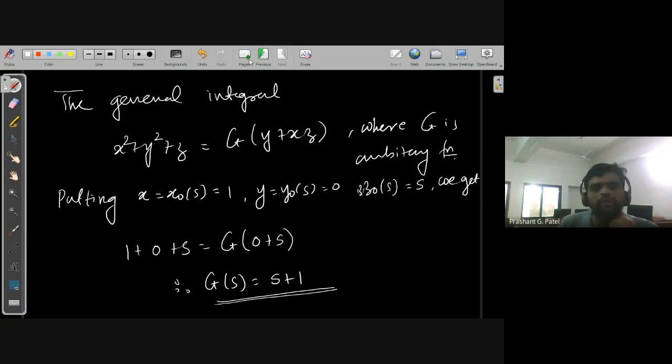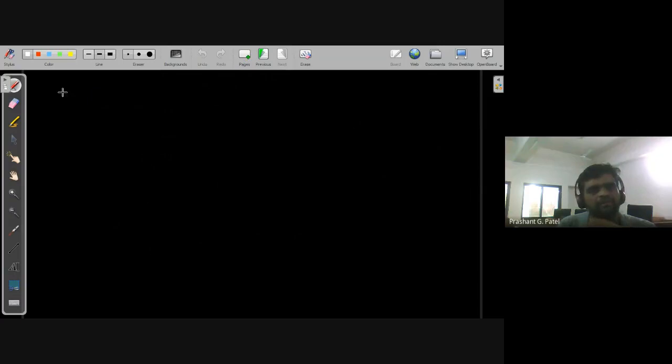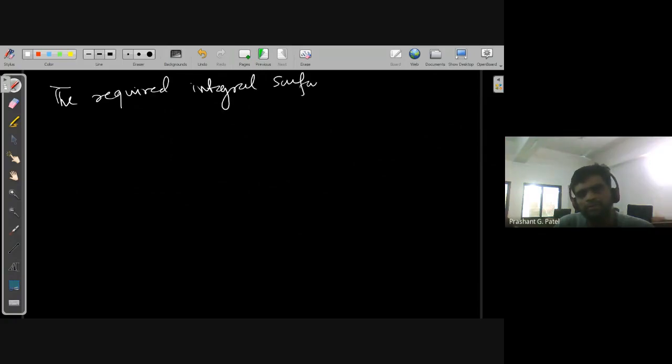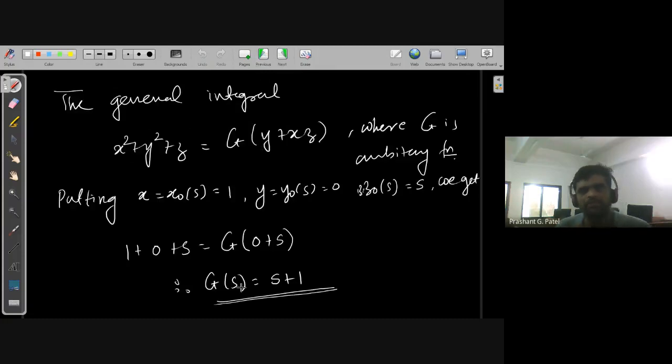So therefore, the required integral surface is x square plus y square plus z is equal to g of y plus xz. But what is g of s? According to that, g of s is s plus 1.